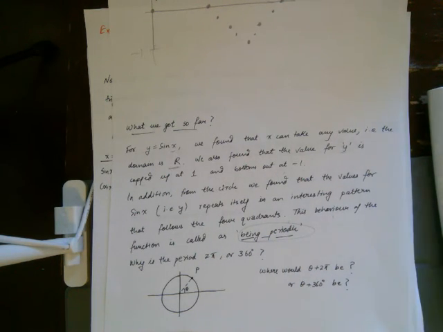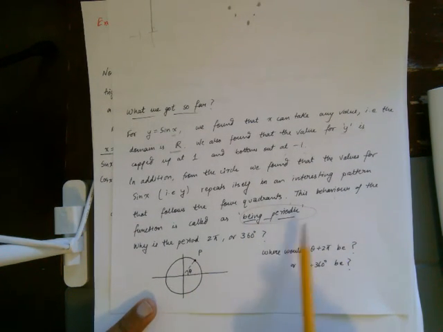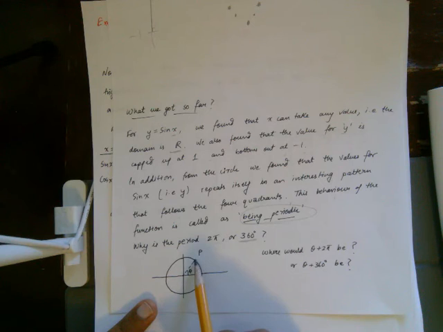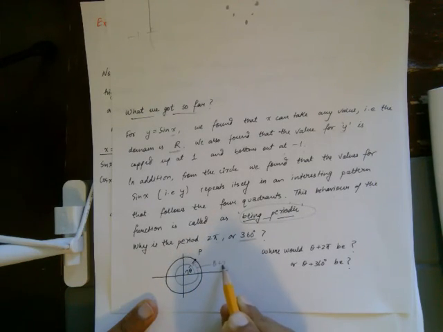Like our days are periodic, the sunsets are periodic, nights are periodic, all of that. And this period, or when it starts repeating, is 1 full circle, 360 degrees or 2 pi. And this makes sense because if you take this point theta, and if you look at a point which is 1 full rotation later, that would just be theta plus 2 pi. So after exactly 2 pi, you're going to repeat the values.